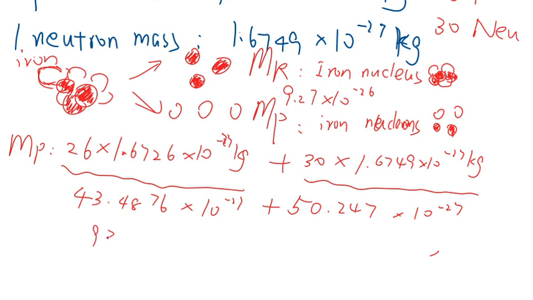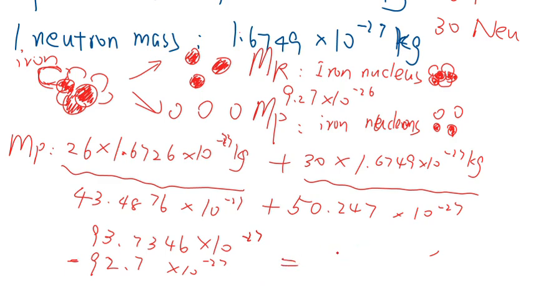This is going to be 93 point something like this, right? Times 10 to the power of 27. And your iron is going to be 92.7 times 10 to the power of negative 27. So we want to do this subtraction.